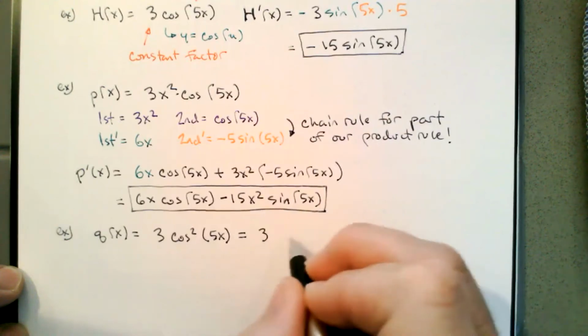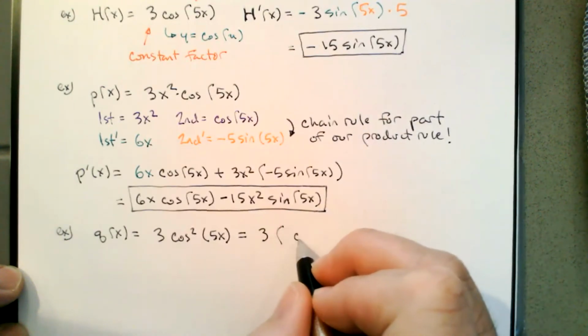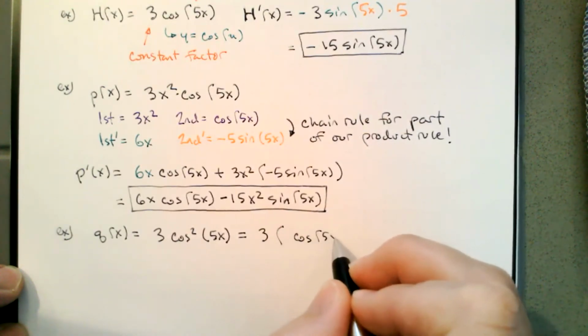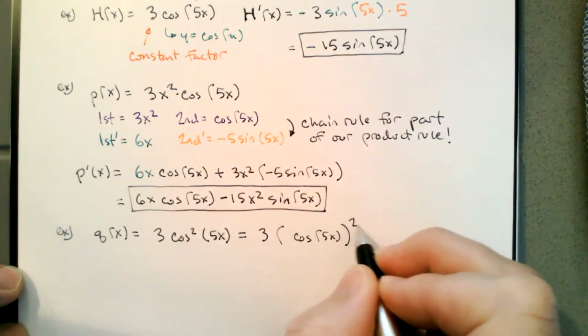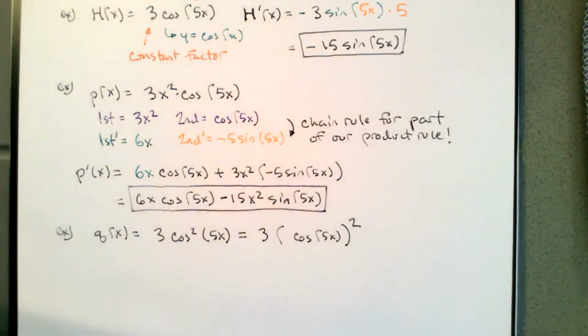This means 3 times the cosine of 5x squared. 5x is inside the cosine. Cosine of 5x is inside the square. So our inside is cosine of 5x, and that's inside the square.